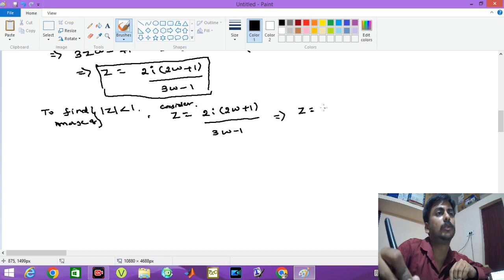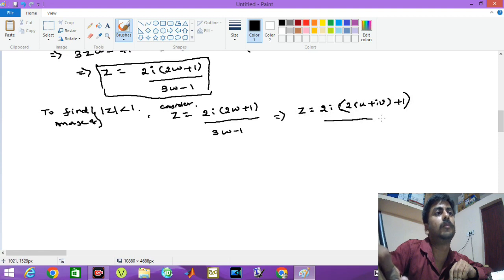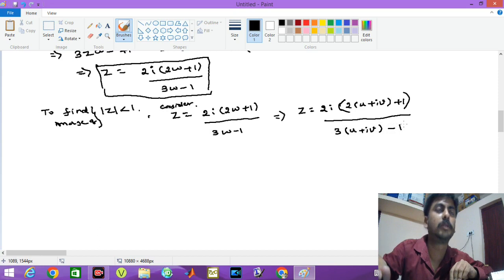So z equal to 2i of 2 into u plus iv, plus 1, divided by 3 times u plus iv minus 1.